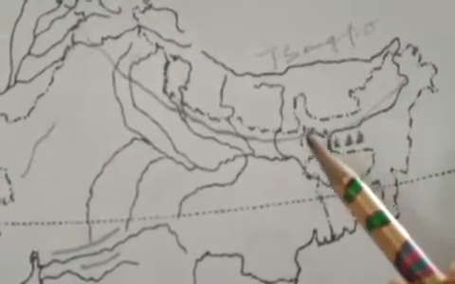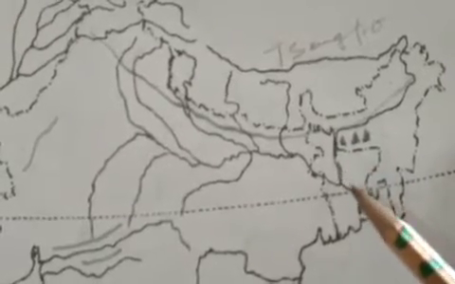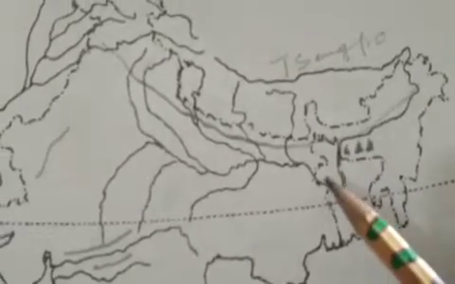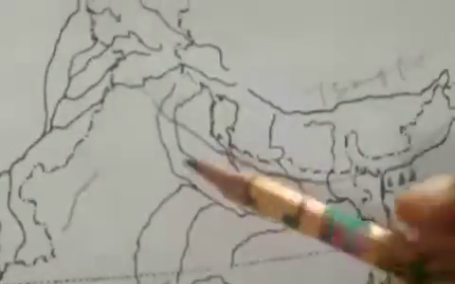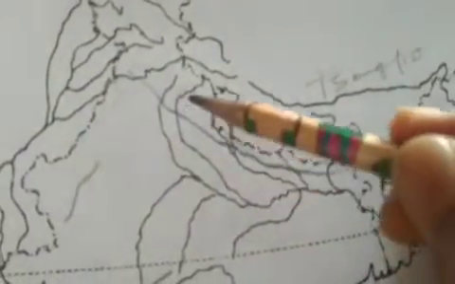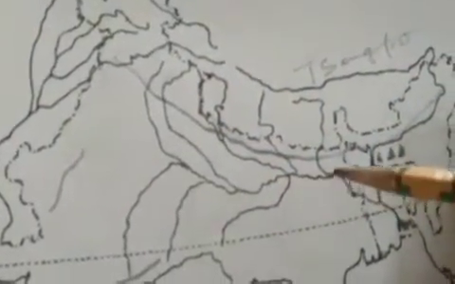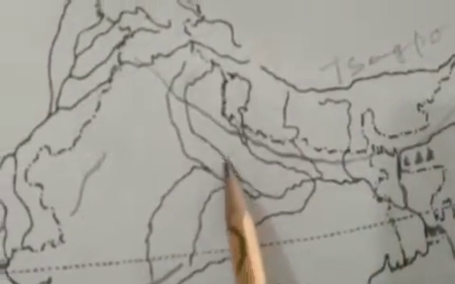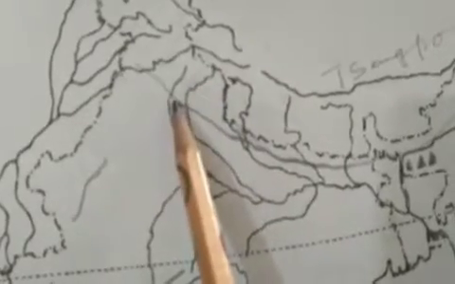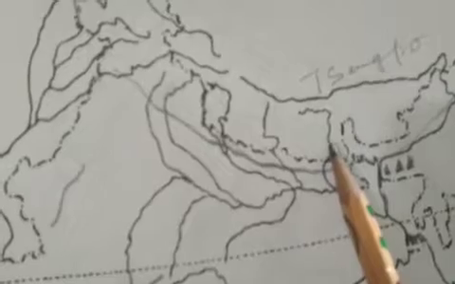And when it enters Bangladesh, we call it Jamuna, right? Now this is Ganga river, the second last. This Ganga river is the longest river in India. Last one is Yamuna.